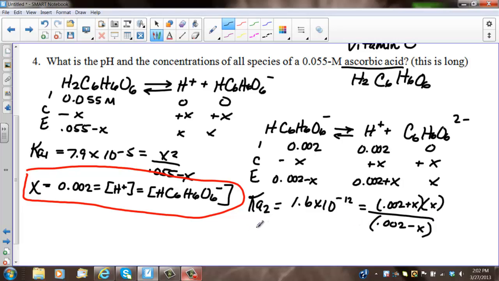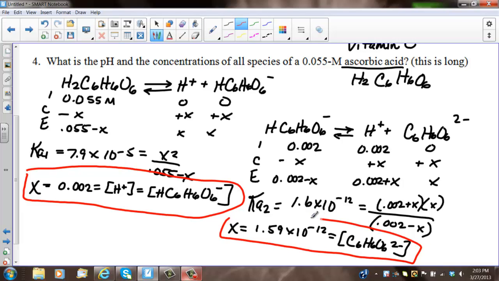And I put that all in my solver, and I get x equal to 1.59 times 10 to the minus 12, and that's equal to C6H6O6 2 minus. So that's going to be an answer.